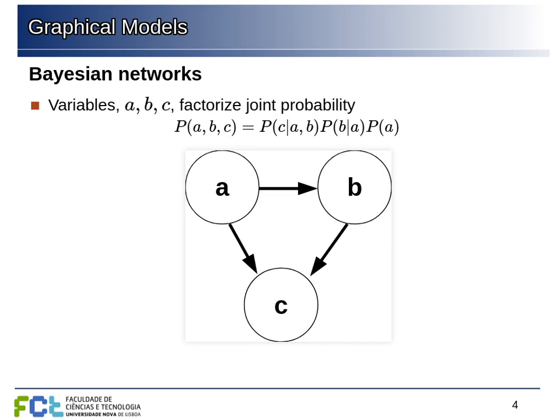So let's start with Bayesian networks. The idea here is to represent the joint probability distribution of a set of random variables, in this case A, B, and C, by representing how they are dependent on each other. So what we are indicating here is that the joint probability distribution of these random variables can be written in this way. The probability of C given A and B, C is dependent on A and B, and then the probability of B given A, B depends on A, and finally the probability of A, which does not depend on anything else.